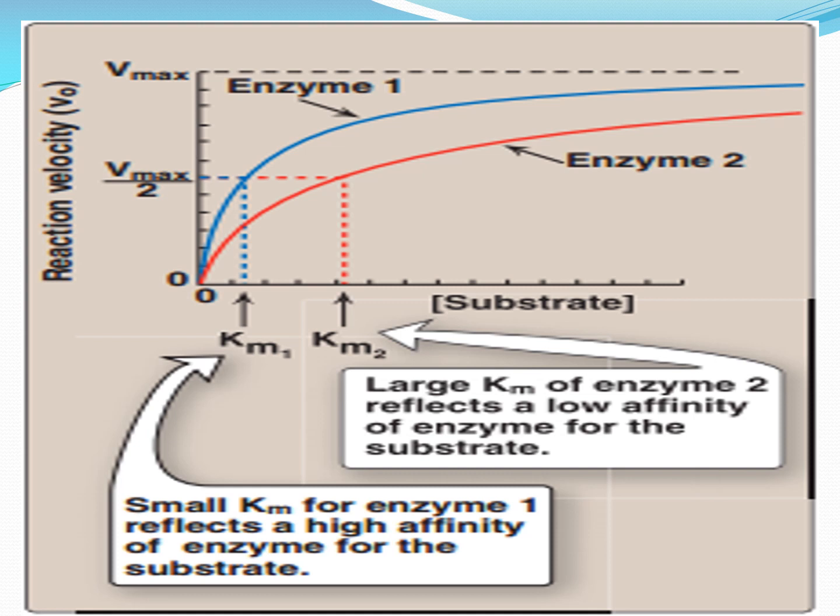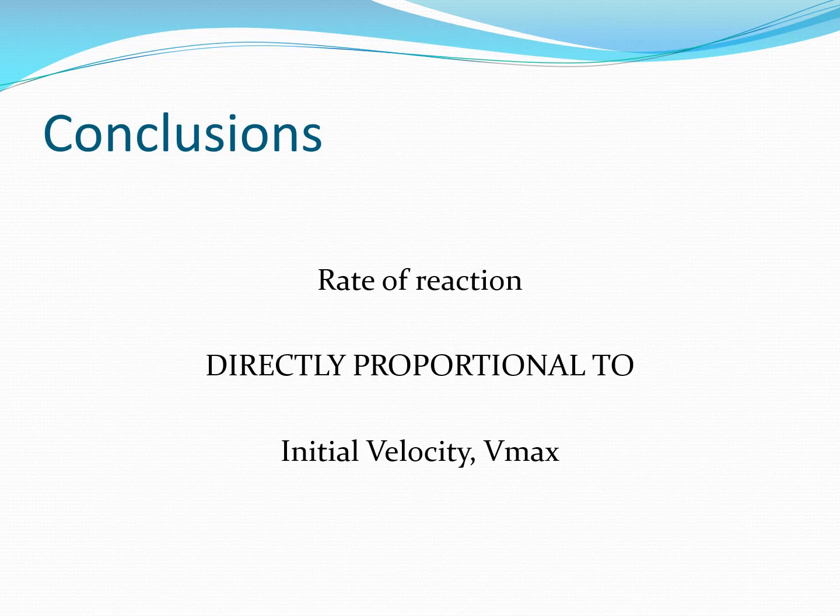So with a large Km, it would be more difficult for the enzyme to bind with the substrate. So these would be your Km concepts. And we could conclude with this Michaelis-Menten equation that the rate of reaction is directly proportional to initial velocity and Vmax.